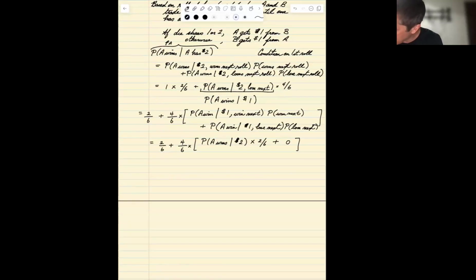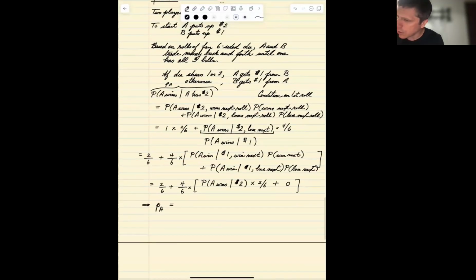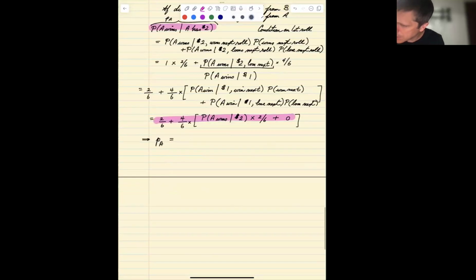Okay, so now what we have is the probability that A wins on the left-hand side. That's all the way up here. And we have this here. So that equals 2/6, which I'll write as 1/3 now, plus 2/3 times 2/6.